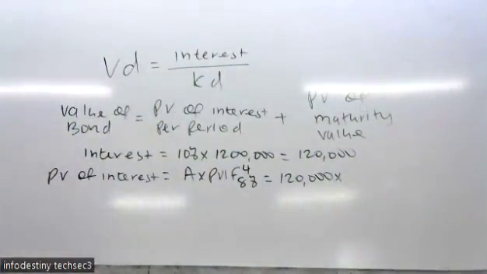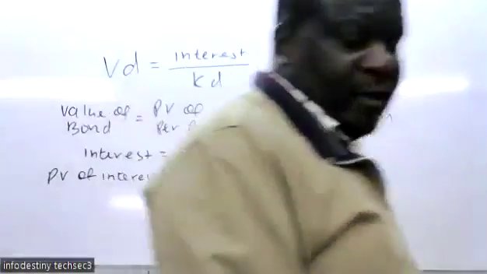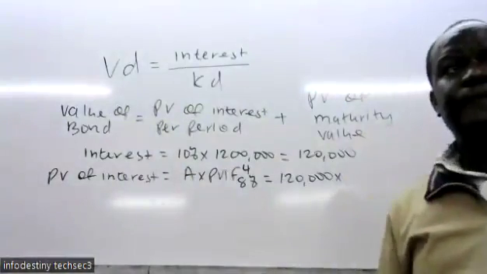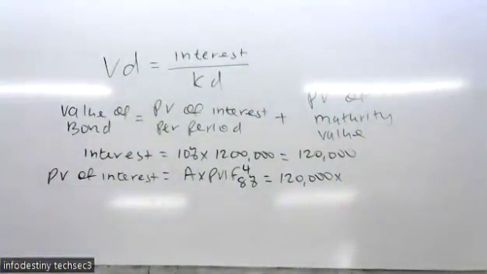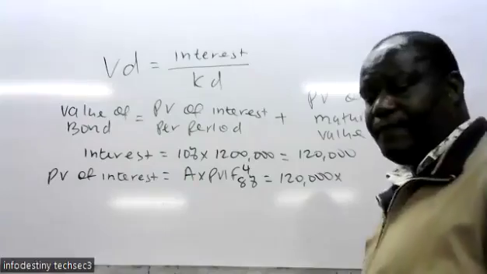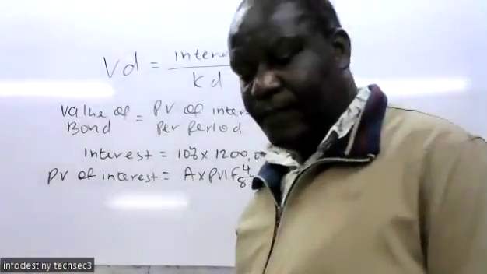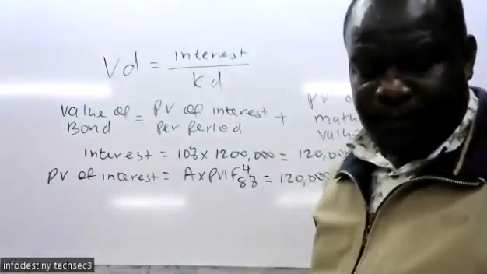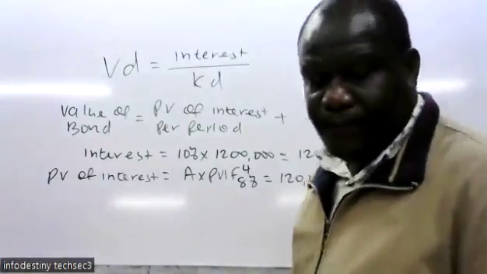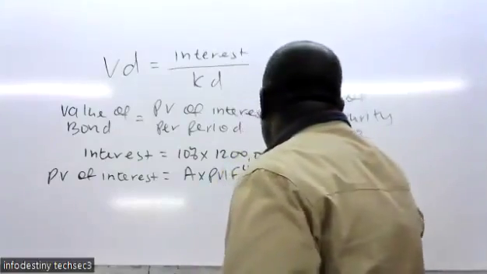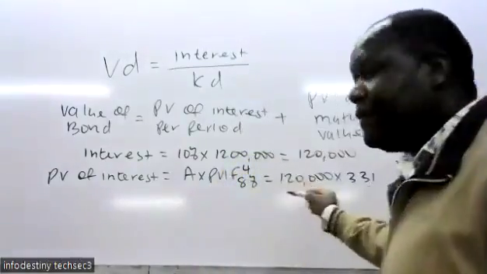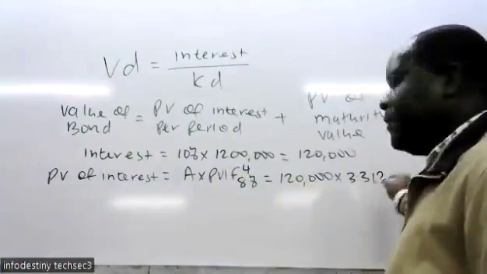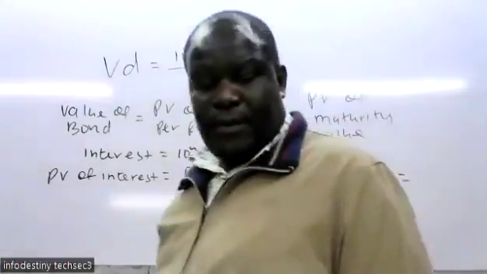What is 8% in period 4, in the second table? It is 3.3121.